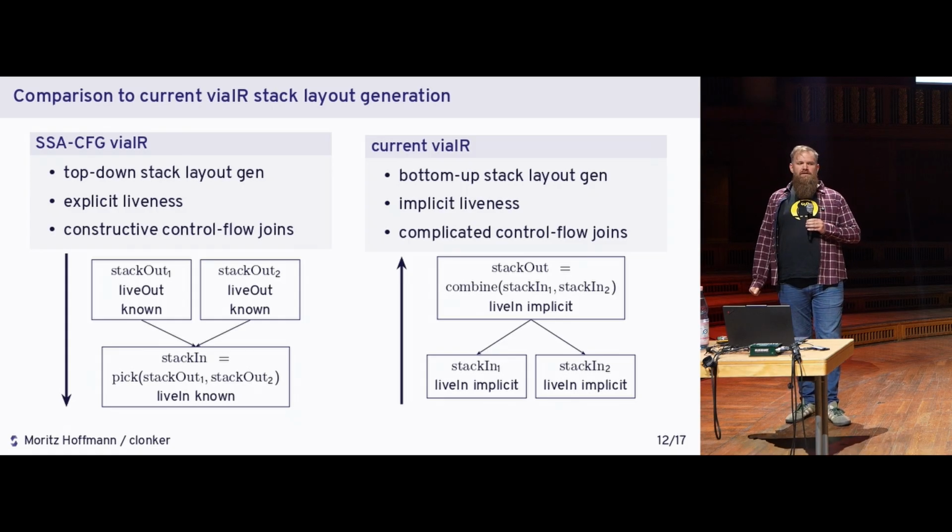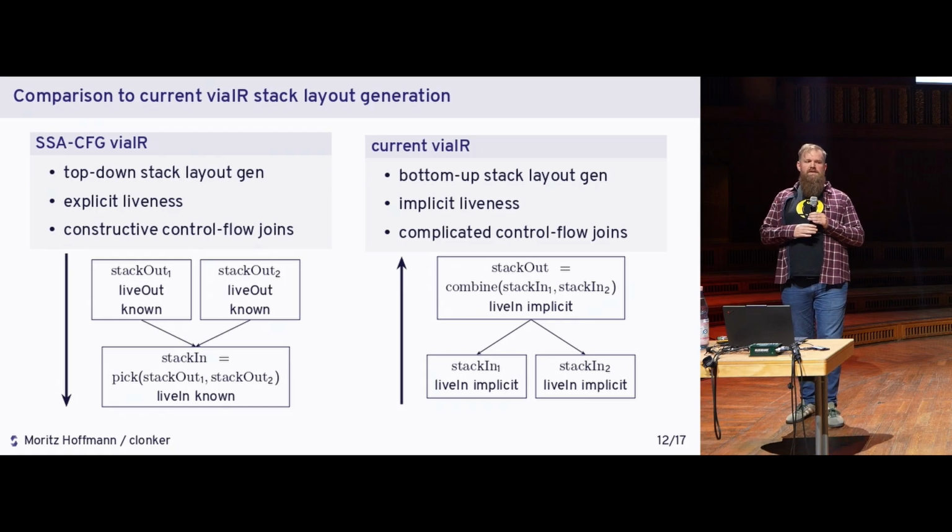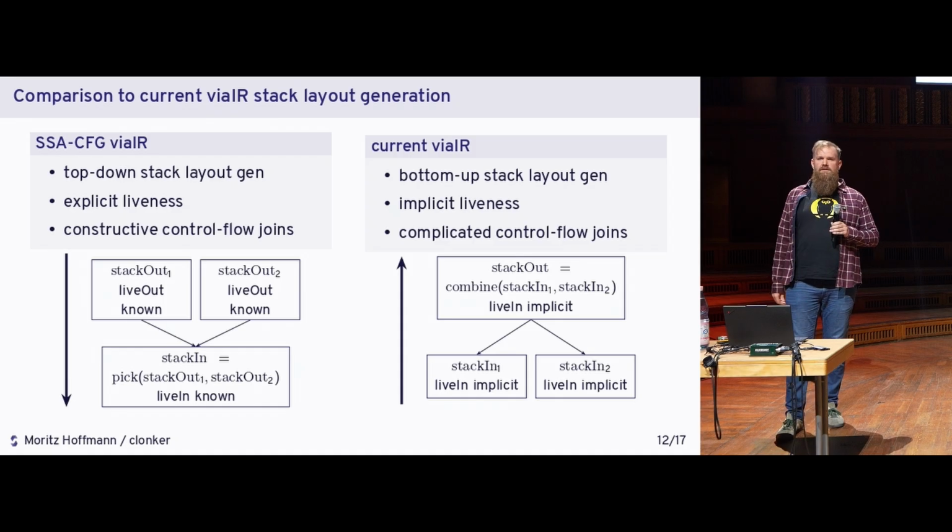Compare that to the current via-IR, which doesn't have an SSA form. It uses a bottom-up stack layout generation because of that, which means you look at function returns, you look at reverts and stuff, and then say, okay, at this point in time, that's my current stack layout, and I'm going to propagate it back up.